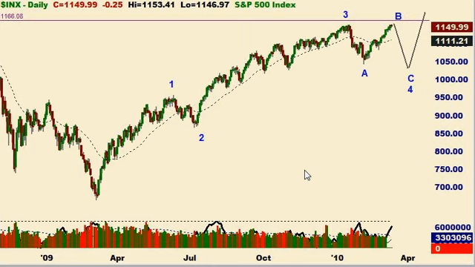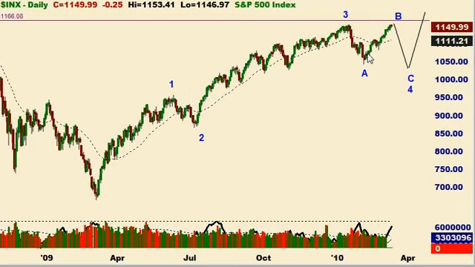Okay, just to review my last update, I wanted to emphasize that I don't necessarily favor that this is an impulse wave up. That said, when you ignore the internals a little bit and just look at it on the surface, it's hard to ignore the possibility that we do have 5 waves up.